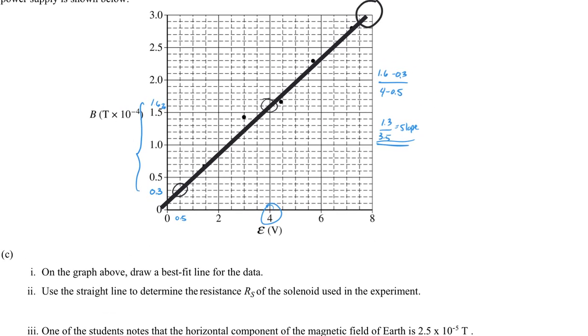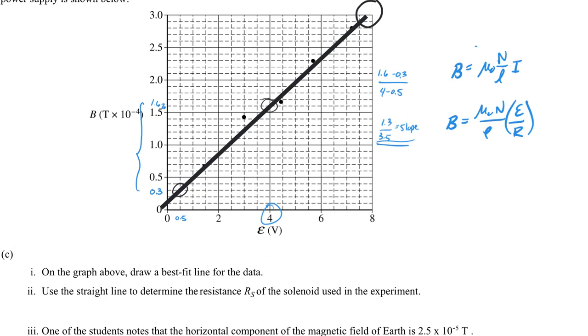B equals mu naught N over L times I. We don't have I, but we do have EMF over resistance.